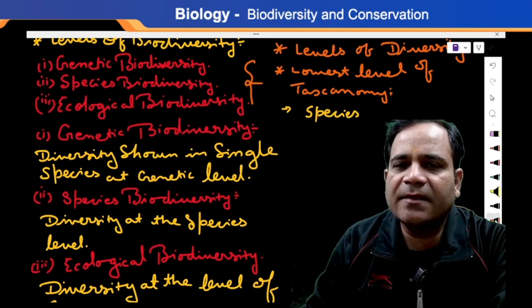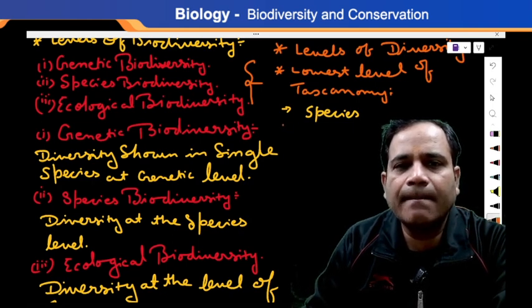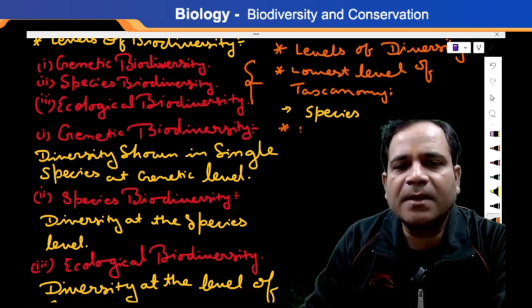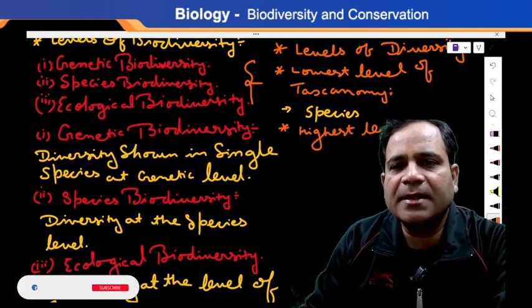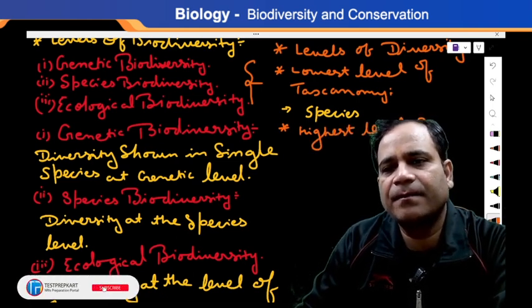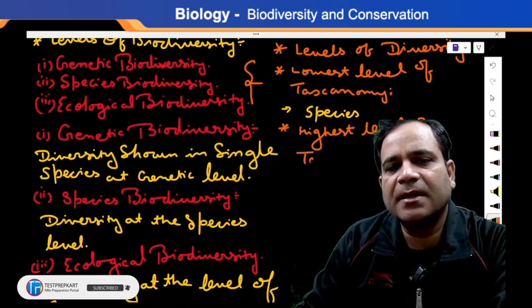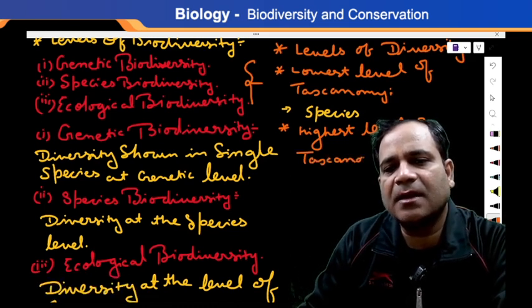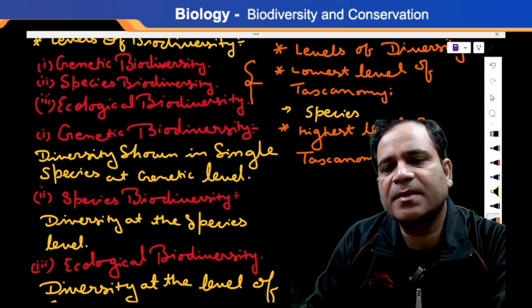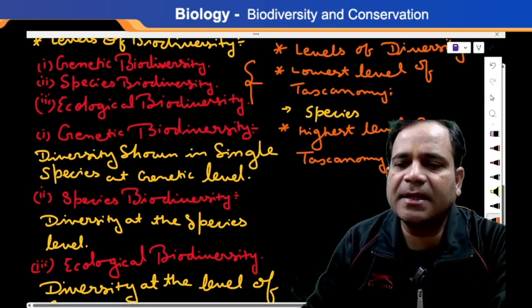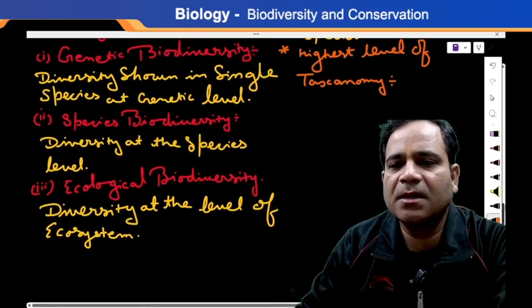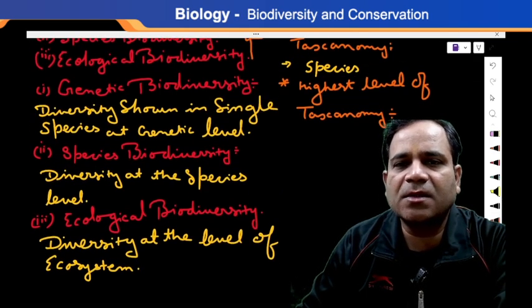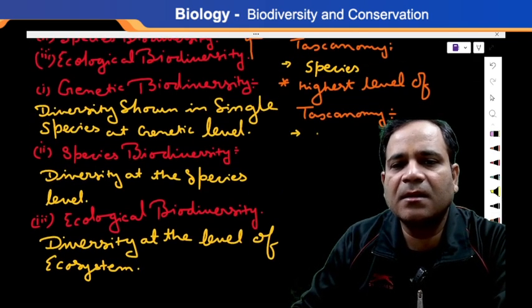And the highest level of taxonomy is the kingdom. Highest level of taxonomy is what? Kingdom.